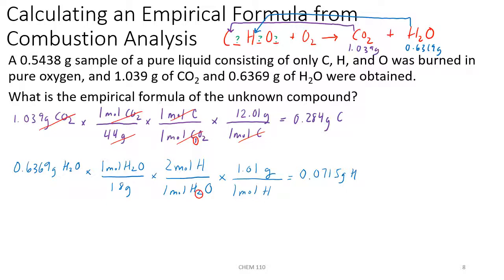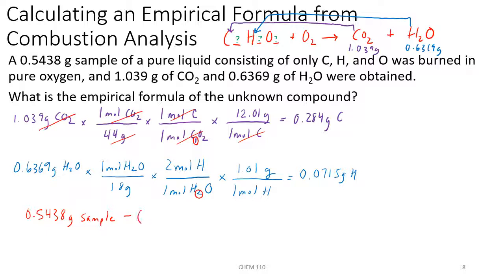The reason we needed to convert to grams of our carbon and our hydrogen and not stop at moles is because we need to figure out how much oxygen was in our unknown. In order to do that, we need to take the mass of our sample initially, because our 0.438 gram sample contained carbon, hydrogen, and oxygen.